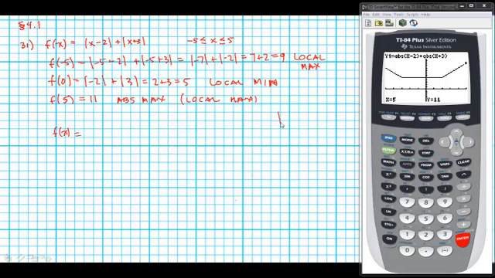If we remember that the absolute value of x is equal to either -x when x is less than 0, or plain old x when x is greater than or equal to 0, we begin to think of this function as what happens when we cross the threshold where the expression x minus 2 becomes 0, or when the expression x plus 3 becomes 0.